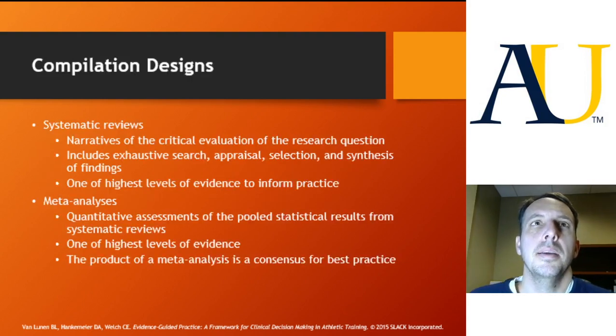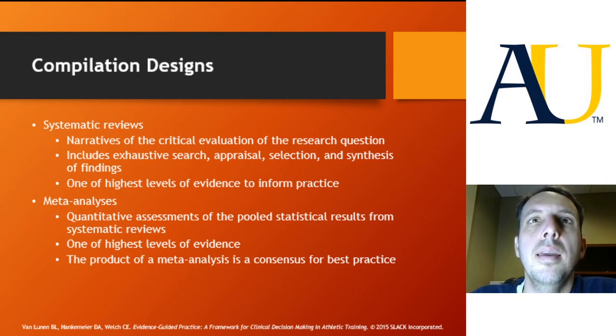Lastly, we have the compilation design studies, and this is simply the systematic reviews and meta-analyses that we've talked about previously, where each one now has a specific design on how to do it. That's what makes it a specific research design: there are methods on how to conduct each one of these.